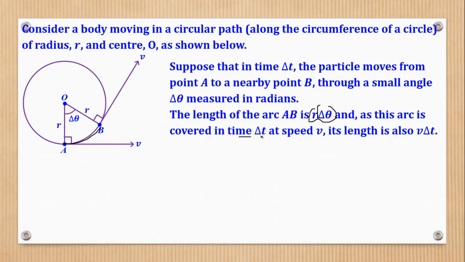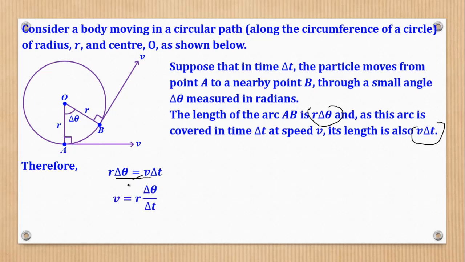As this arc is covered in time delta t at speed v, its length is also, remember we know that distance is speed times time, so it implies that the distance is v delta t. So we shall equate the two because they are both equal to the length of the arc.